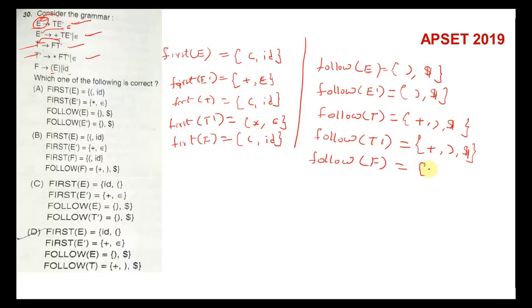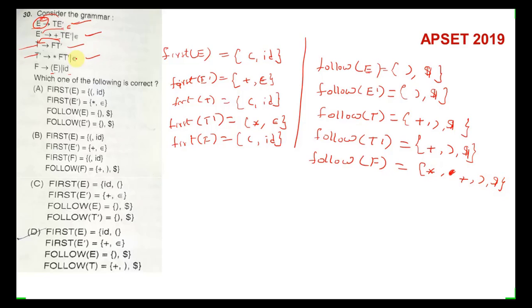That is star, epsilon. We never write the epsilon in the follows, so remove this epsilon, we can write the star only. When it was the epsilon, at that time the follow of F becomes the follow of T. What is the follow of T? That is plus, closing bracket, dollar sign.